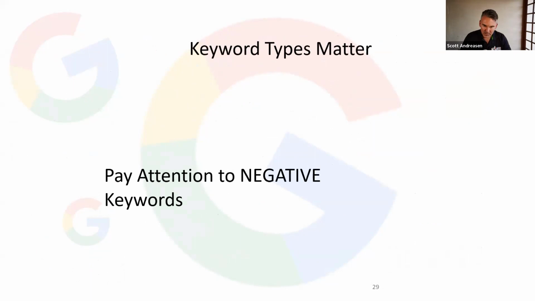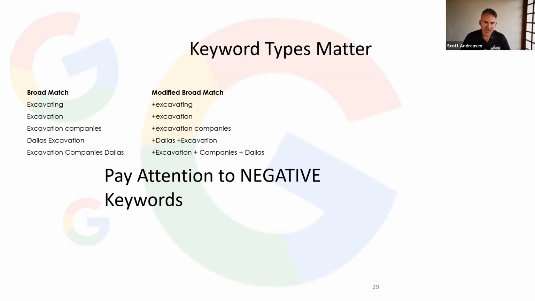Now, keyword types matter. We've got broad match. So that would be just targeting, for instance, excavation companies. You could do Dallas excavation. Modified broad match is when you add a plus in front of it.